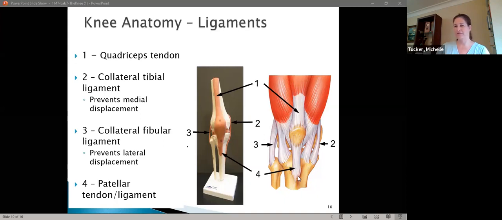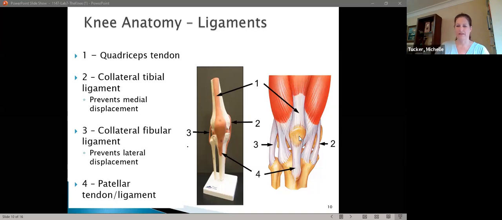And that's kind of the popular point of view right now, that it is a unique tendon, or a unique ligament, from the patella to the tibial tuberosity. So normally you'll hear it referred to as the patellar ligament.